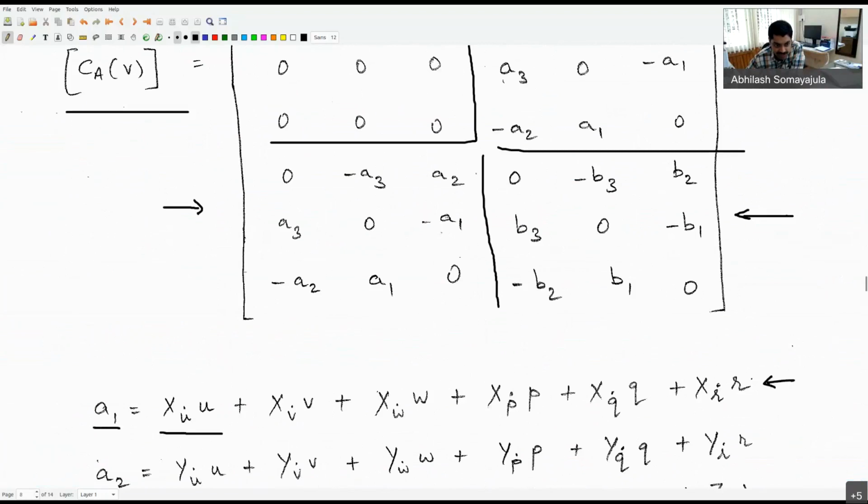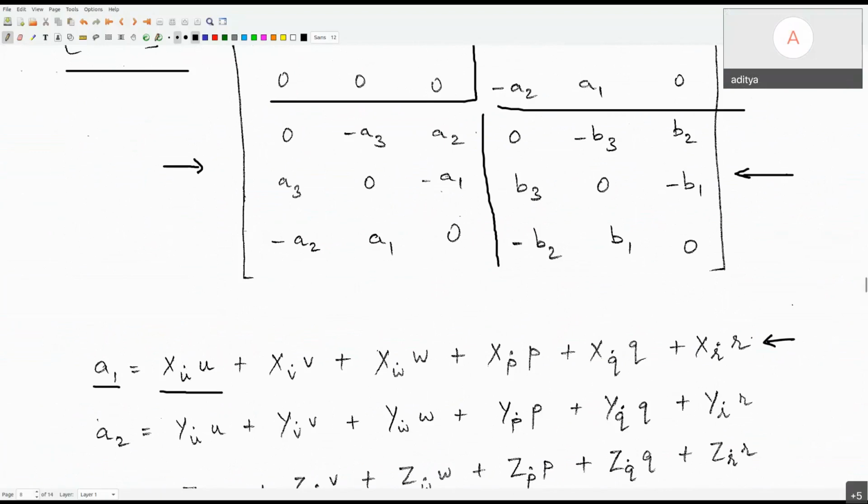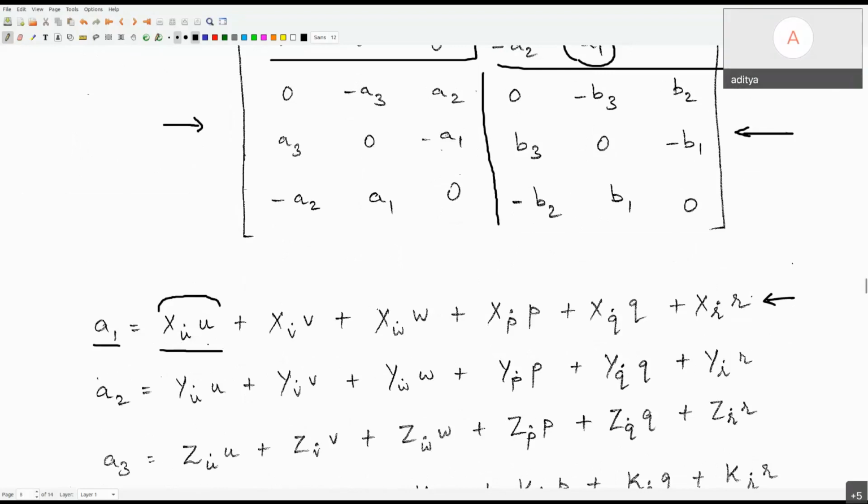It is part of A1, and A1 comes here, which means this thing is getting multiplied with R. So you have Xu dot times u times R, which is mass times angular velocity, per second. Dimensionally that becomes a force. Similarly, this term is getting multiplied by q. Again, the same dimensionality applies, so it becomes a force.